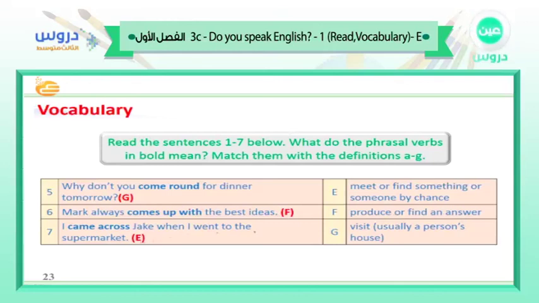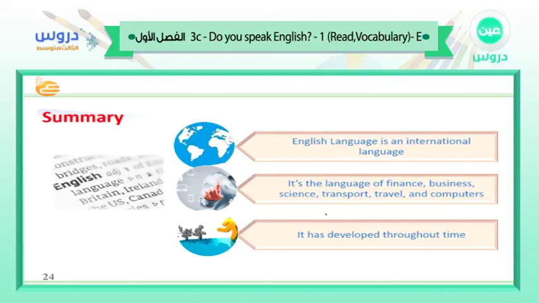I come up with the best idea, or I come up with an answer. Came across means meet or find something or someone by chance. Okay, got it? Okay, to the end of our class.